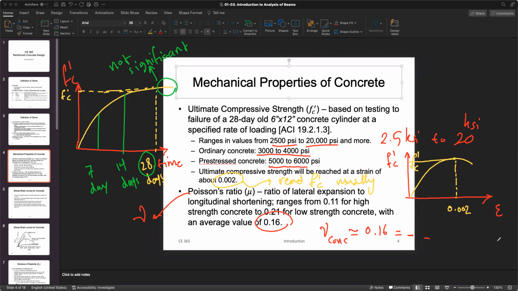The definition is epsilon lateral over epsilon longitudinal. Remember from mechanics of materials? All right. So these are mechanical properties of concrete. We have learned the compressive strength and Poisson's ratio.